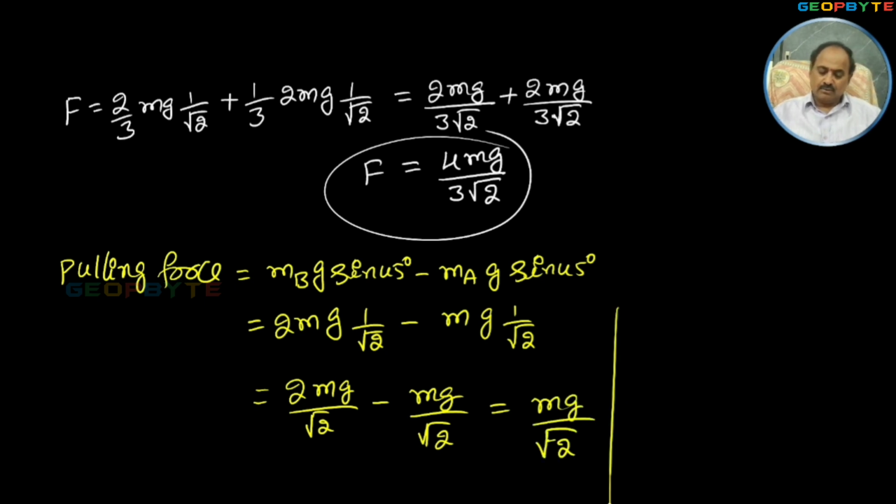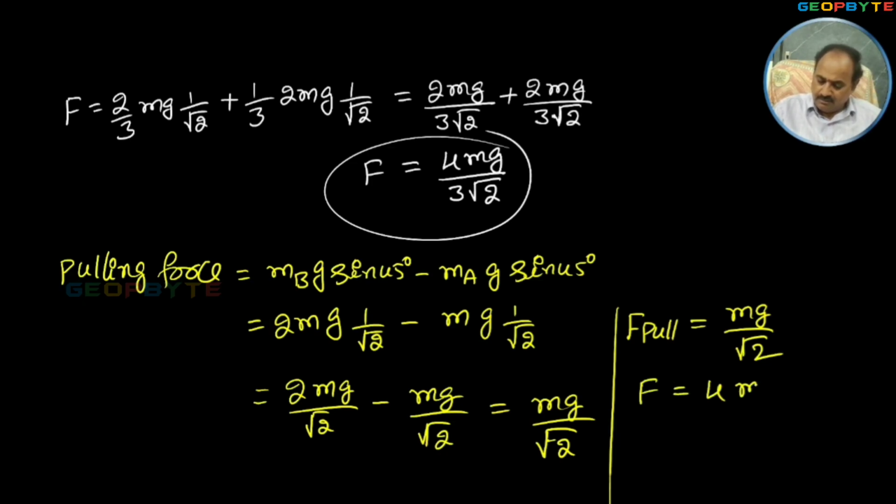Now compare the pulling force. Pulling force is mg by root 2, whereas frictional force equals 4mg by 3 root 2. From this I can say that the frictional force is more than the pulling force.